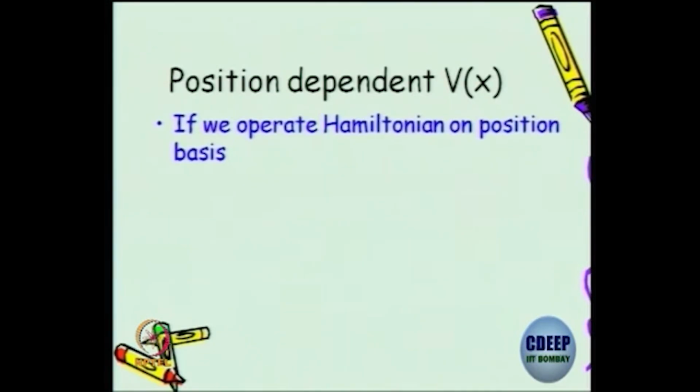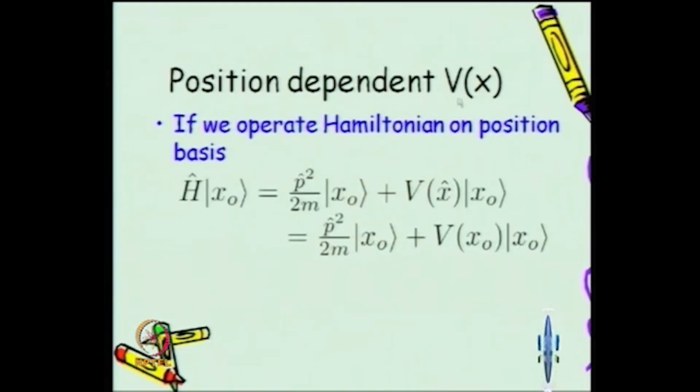If we operate the Hamiltonian on the position basis, suppose we have potential energies which are dependent only on position, which is what we see in the harmonic oscillator, and we operate it on a position basis state, let's take an x0 state, then we don't know what the p hat operator on x0 is, but we definitely know that V, which depends on the position operator, will pull out the eigenvalue, the same functional form.